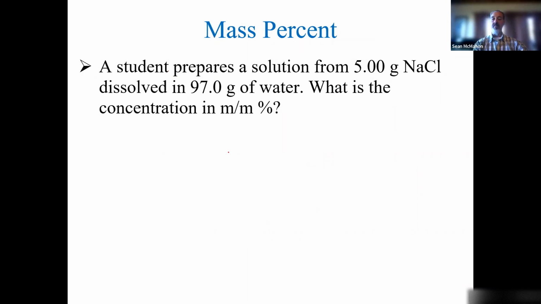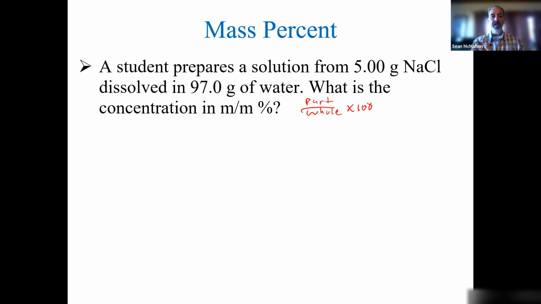So mass percent. A student prepares a solution from 5 grams of sodium chloride dissolved in 97 grams of water. What is the concentration in mass to mass? So remember, you're doing part per whole times 100. That's any percentage. So first you have to figure out what's the part. The part is a smaller quantity.